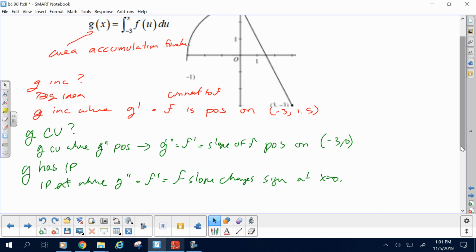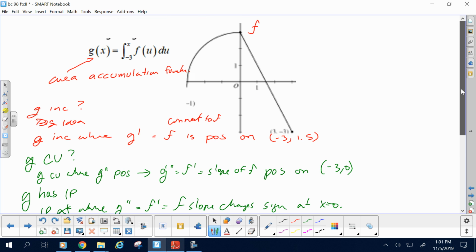What if I told you that F is periodic with a period of 6? And I asked you, what is G at 21?